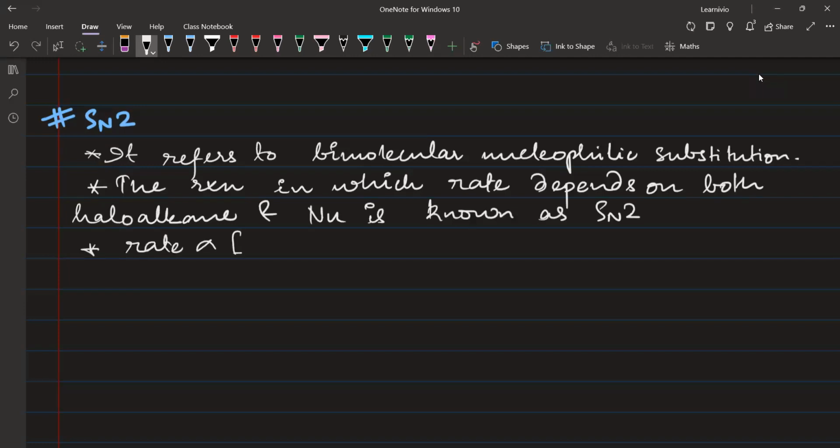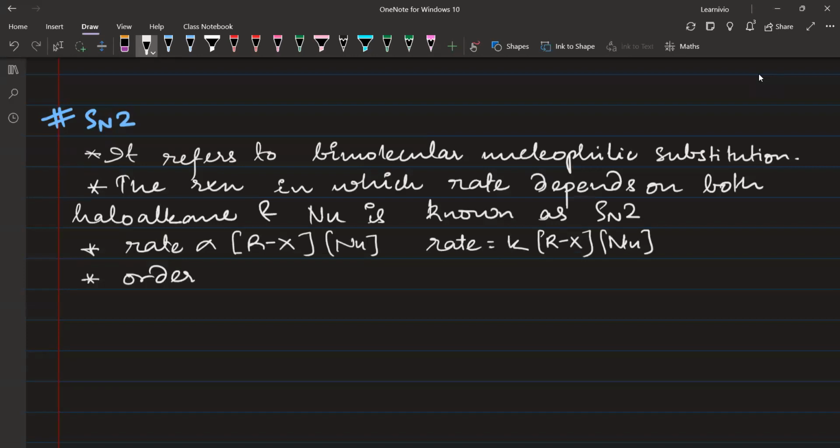Directly proportional to the concentration of haloalkane and the concentration of nucleophile. The rate expression will be rate equal to the rate constant multiplied by [RX] multiplied by the nucleophile's concentration. The order in this case is equal to 2. The molecularity is also equal to 2.